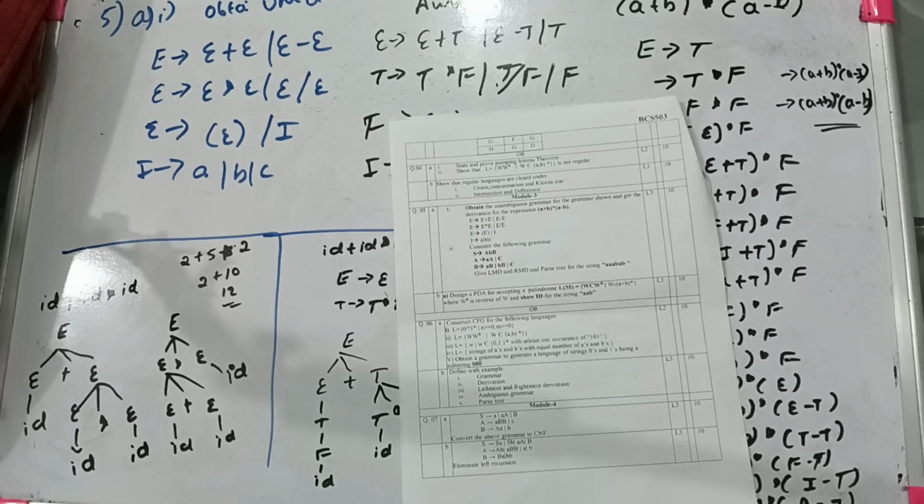In the case of inherent ambiguity I solved two questions, or they may ask the same. And in unambiguous grammar we need to know two rules: first one is the associativity rule and second one is the precedence rule.